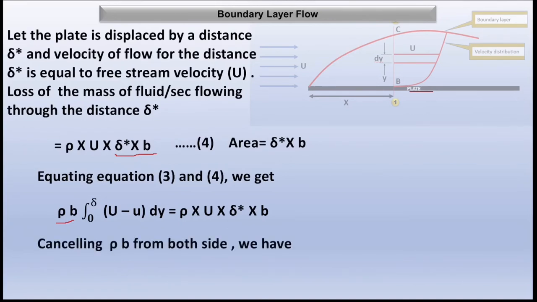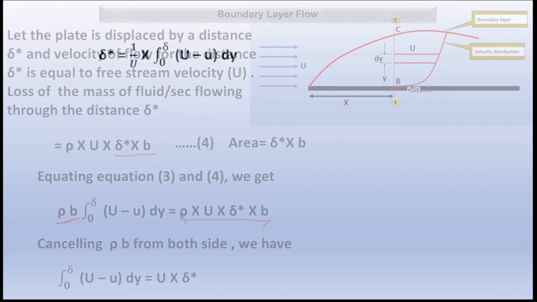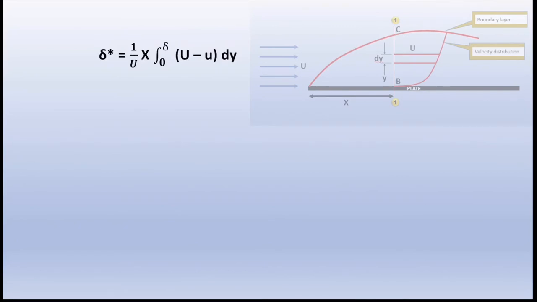So both of these terms are going to cancel, and what we get is the integration from 0 to delta of (U minus u) dy is equal to U into delta star. Delta star is equal to 1 by U into the integration between 0 to delta of (U minus u) dy.